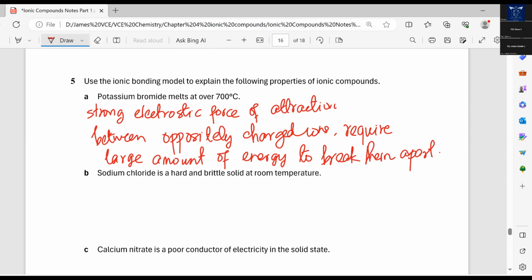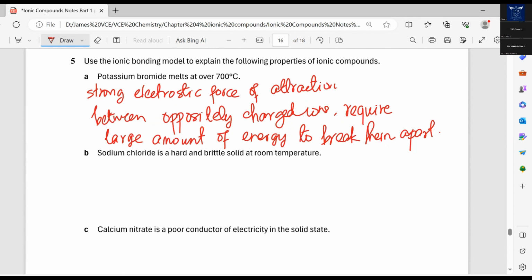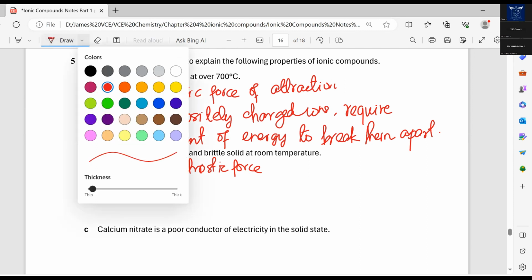Hard and brittle, solids at room temperature. Hard is due to a strong force. For the brittle part, it's because of the arrangement.